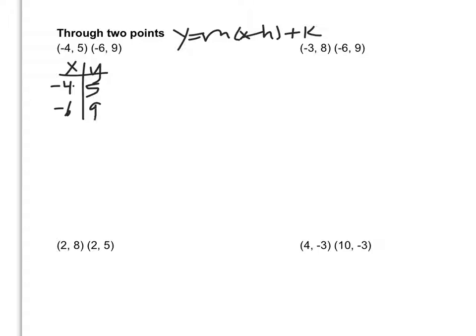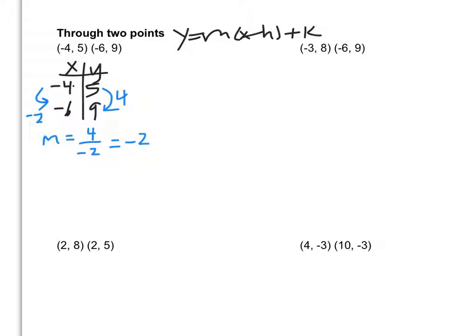So how do we go from negative 4 down to negative 6? We minus 2. How do you go from 5 to 9? We add 4. And slope is change in y, which is 4, over change in x, which is negative 2. So we get negative 2. So there's my m I'm going to use.